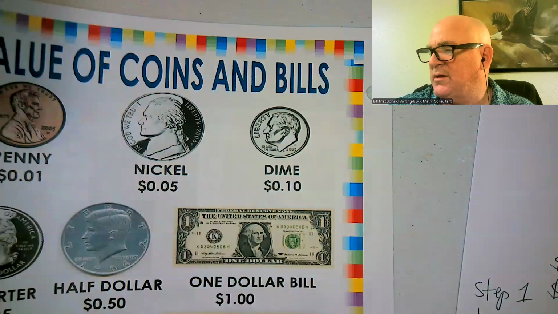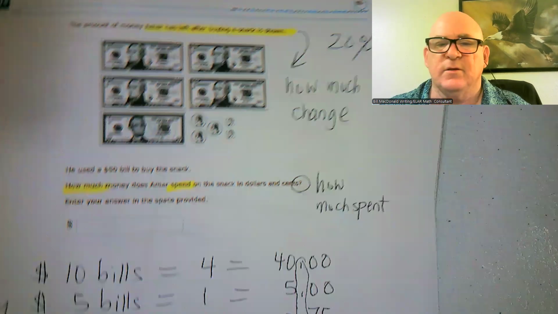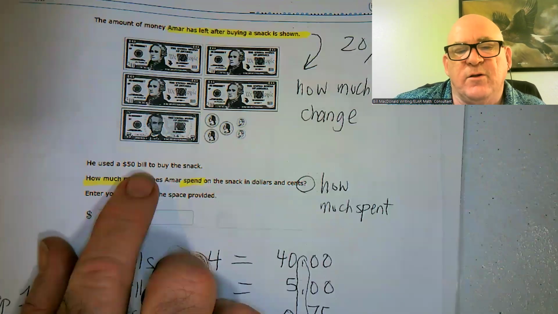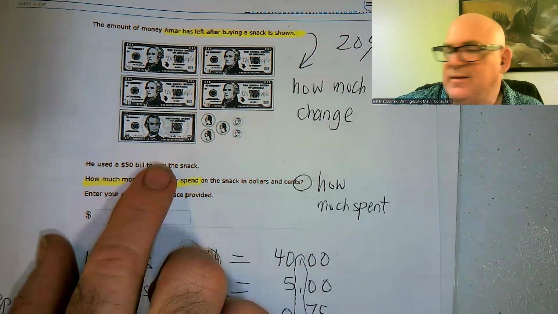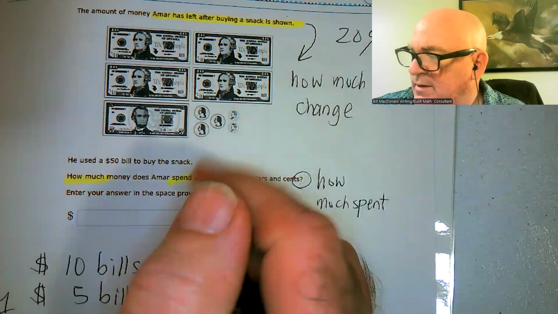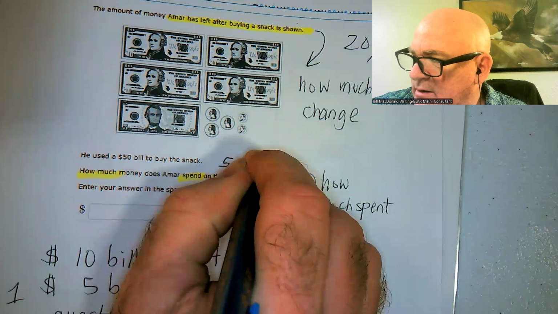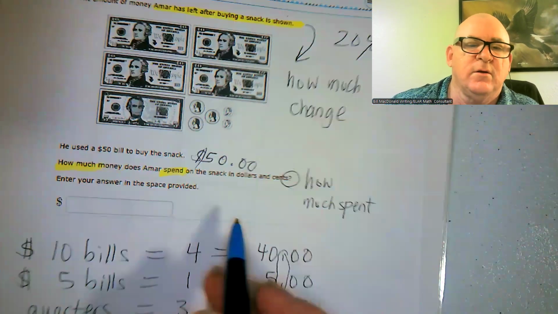So that's where things could have gone wrong first. Next thing, he used a $50 bill to buy the snack. So your students have to understand that means $50 and nothing else. Okay.